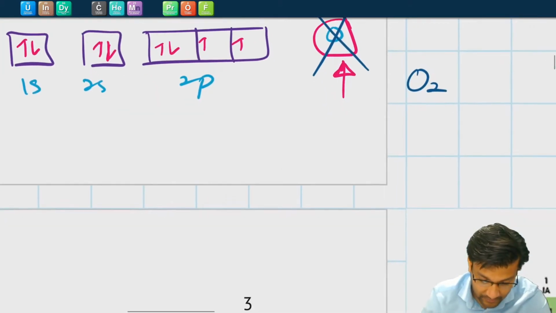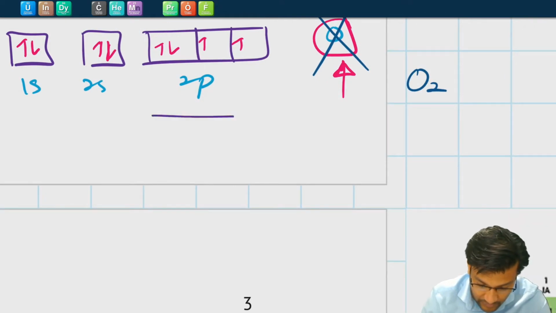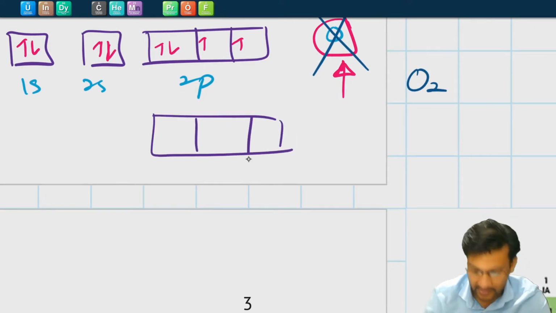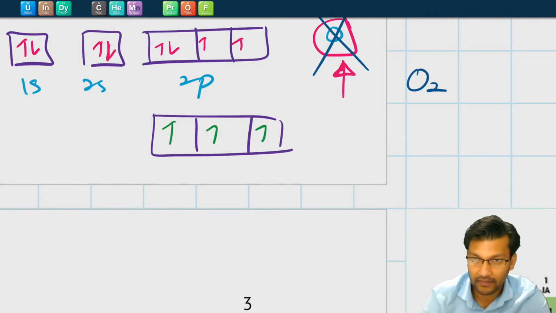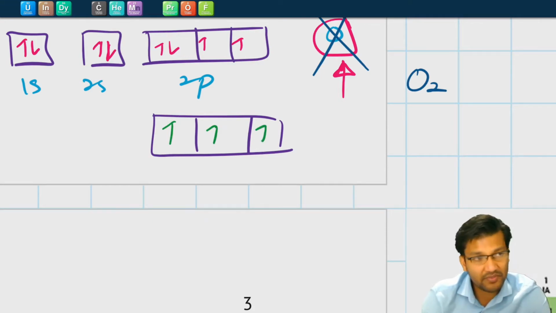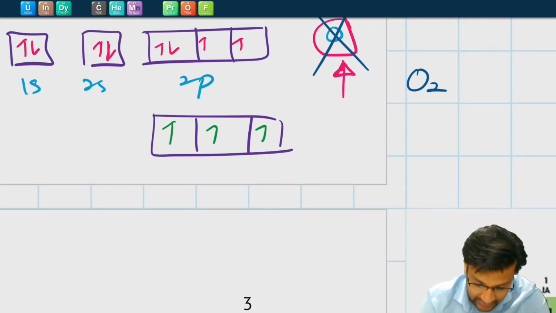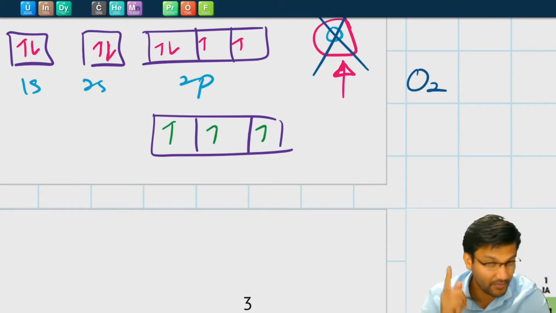What do I mean by completely empty? A completely empty 2p orbital will look just something like that. It's just empty. A completely half-filled 2p orbital would look like this. And if oxygen was like that, it would probably be happy.